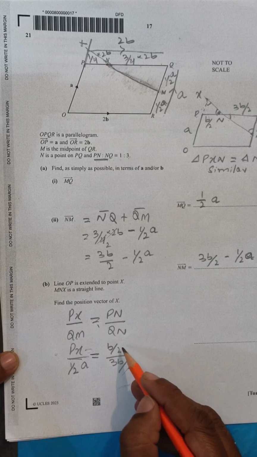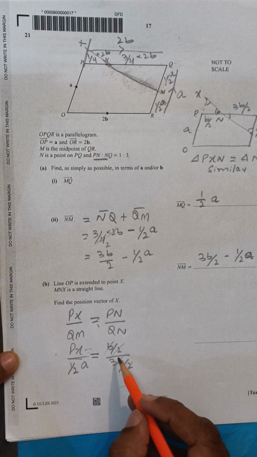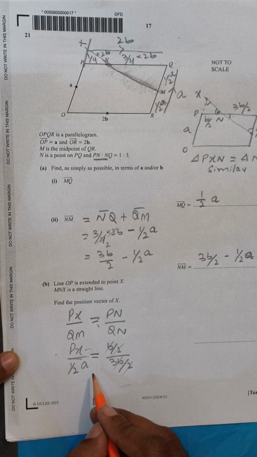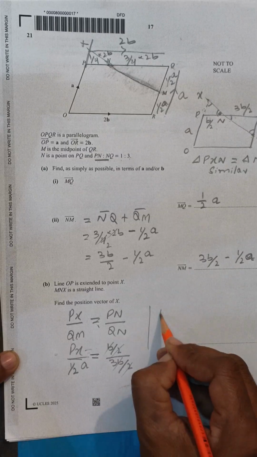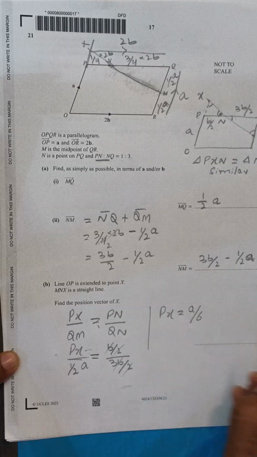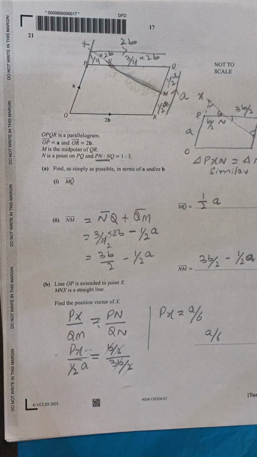So the 2 will be cancelled out, and the b will be cancelled out. 1 over 3, and PX is finally a over 6. So you can write PX is finally a over 6.